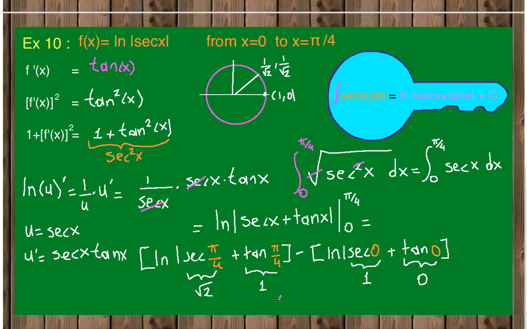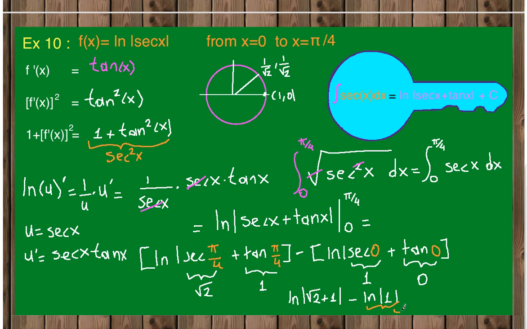So if we simplify, it's going to be equal to ln of root 2 plus 1 minus ln of 1 plus 0, which is 1. We know the logarithmic rule that ln of 1 equals 0.